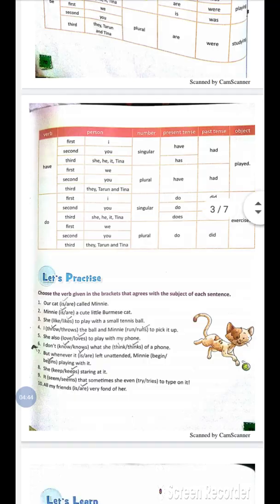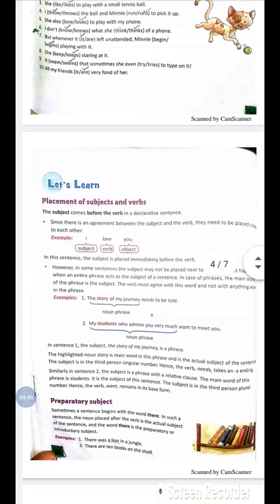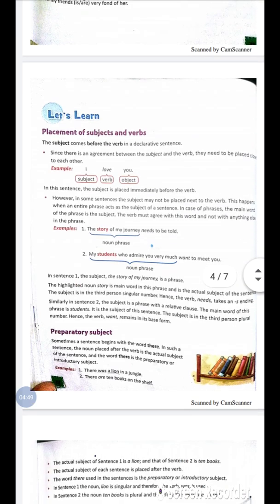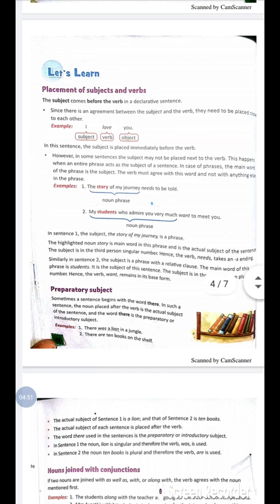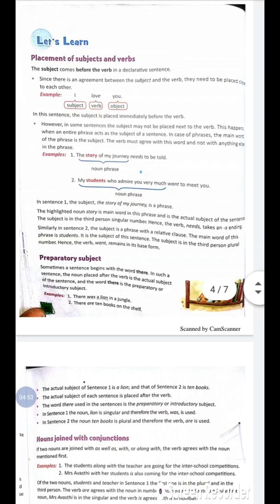Okay, so next thing is placement of subjects and verbs. Since there is an agreement between the subject and the verb, they need to be placed close to each other. Okay, I love you. So the I is the subject, love is the verb and you is the object.